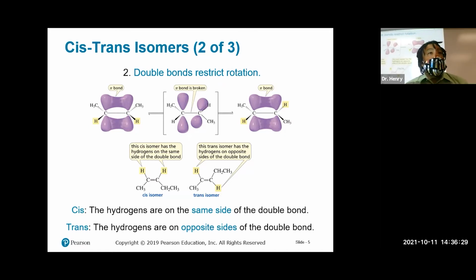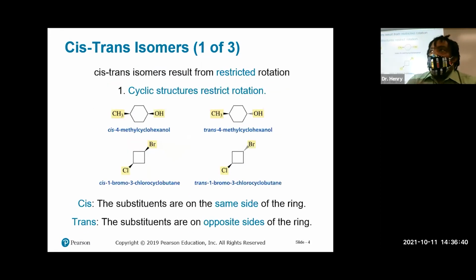Okay, so when we start getting double bonds, they are going to restrict that rotation. They're letting you know that one of them is behind. You can tell one is front, one is behind, right? Where this is cis, both of them are front.